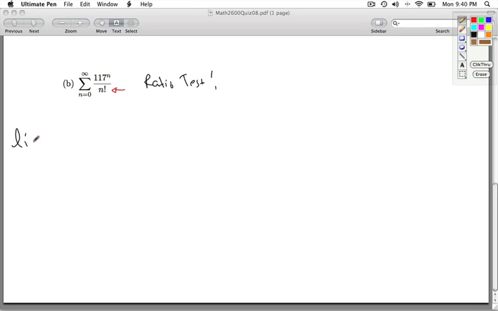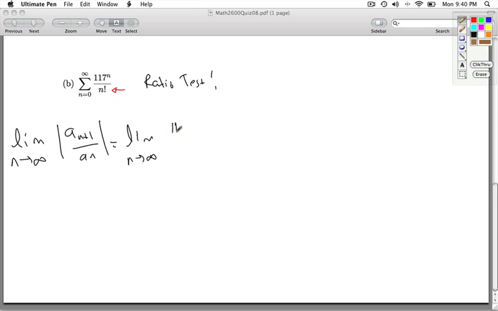So for a ratio test, I look at the limit as n traipses off to infinity of the absolute value of a sub n plus 1 over a sub n. And once again, since we have fractions involved, I'm going to take a sub n plus 1 and multiply it by the reciprocal of a sub n. Absolute values here aren't needed because everything in sight is going to be positive.